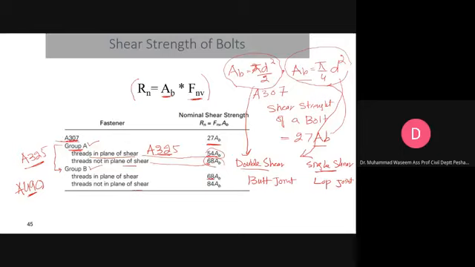If the thread is not in the shear plane, then you will use this formulation. So this is basically how you compute the shear strength of bolts, which include unfinished bolts and high strength bolts. Remember this table. Is that clear to all of you?